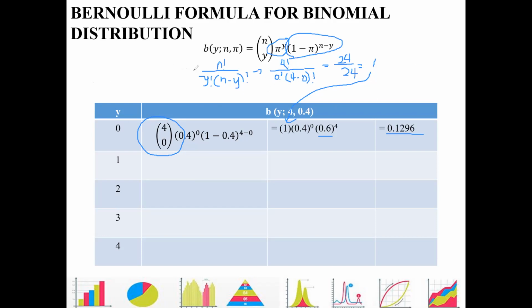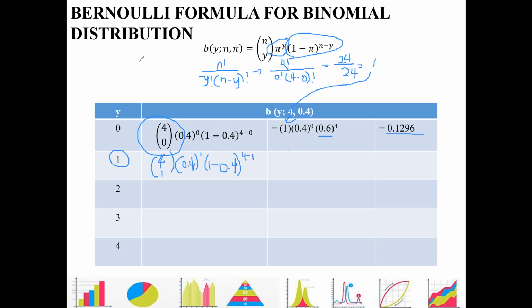Okay, so let's try another example. This one. Yung 1. Dito naman tayo sa 1. So, ang formula na niya is 4 of 1. So, 0.4, probability of success, raised to, this time it is 1. 1 minus 0.4, 4 minus 1.